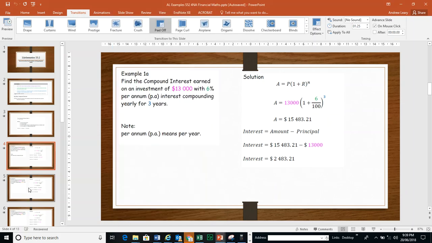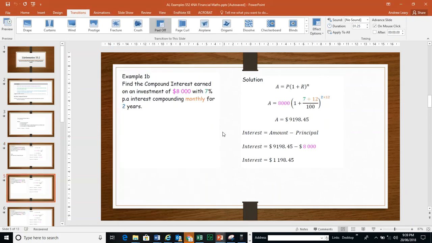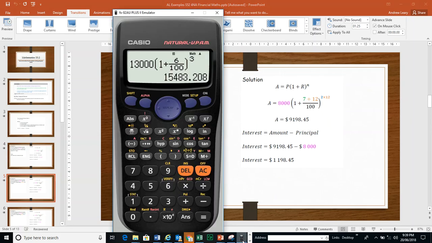When you do the monthly one, $8,000 brackets 1 plus 7 over 100, and we need to divide the 7 by 12 because there's 12 months in 1 year.